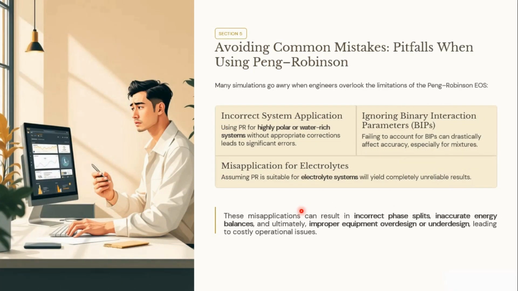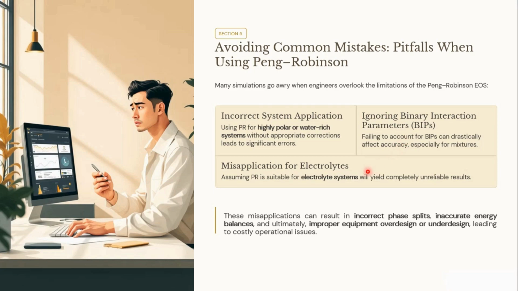What mistakes you should avoid when using the Peng-Robinson equation of state: it is not suitable for highly polar or water-rich systems, so you should not use it. Binary interaction parameters are very crucial, and ignoring them can result in drastic outcomes. So you have to make sure that binary interaction parameters are available.